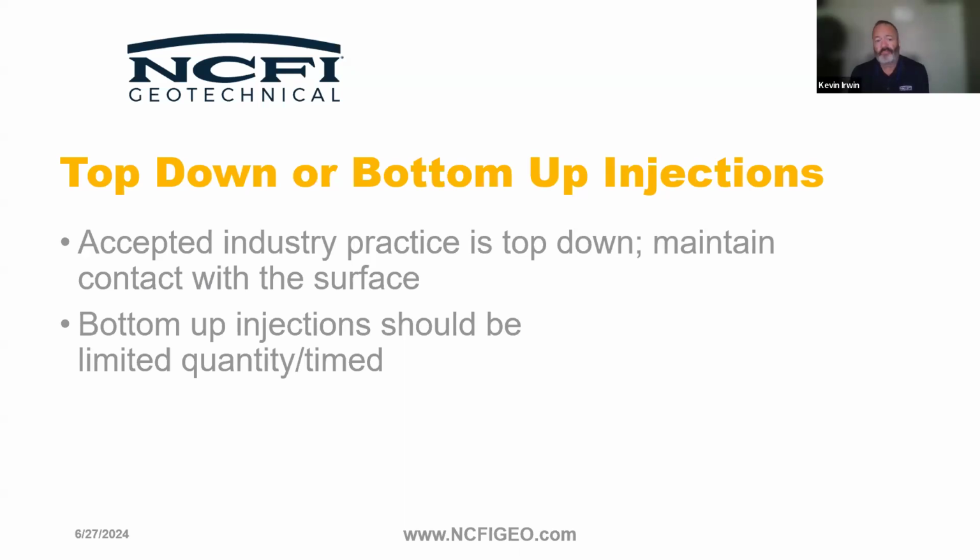If you start bottom up, it is best to limit those to a limited quantity or timed shot. We don't want to try and sink a 30-foot tube down and try and lift a warehouse from 30 feet down. You could end up with a fracture that allows a lot of pressure to escape very quickly.